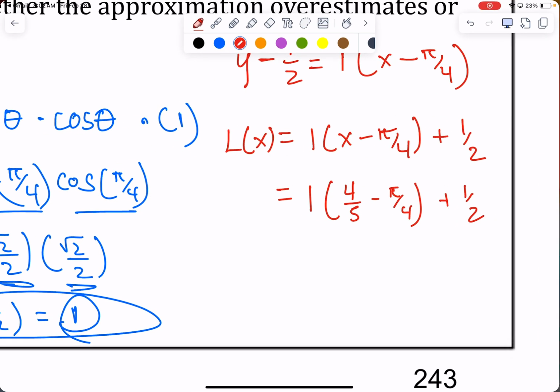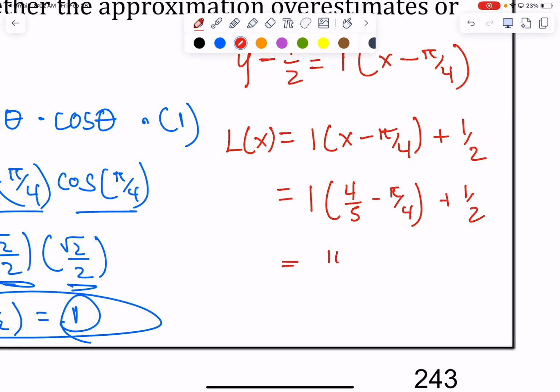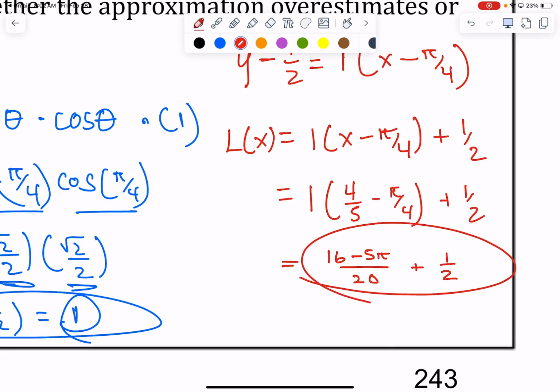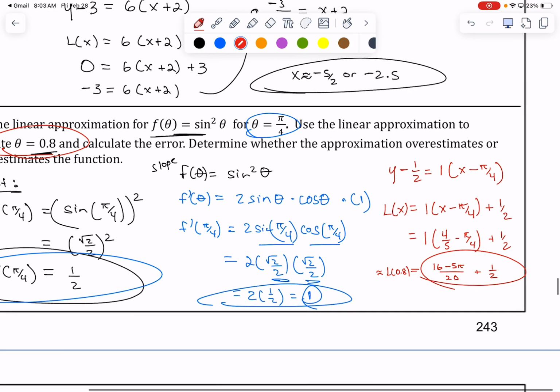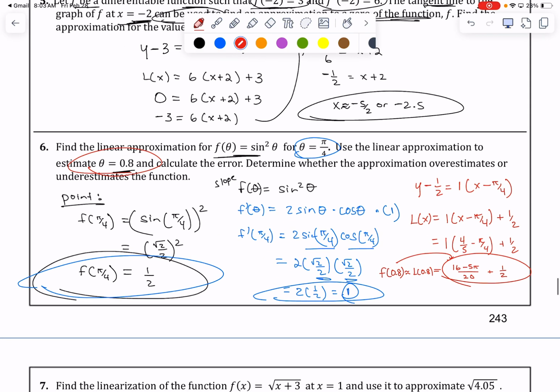So we're going to end up with 16 minus 5 pi over 20 plus 1/2. I'm not going to make you find the common denominator for that, but that's the linear approximation. So L of 0.8 would be approximately f of 0.8. So there's the approximation for 0.8.